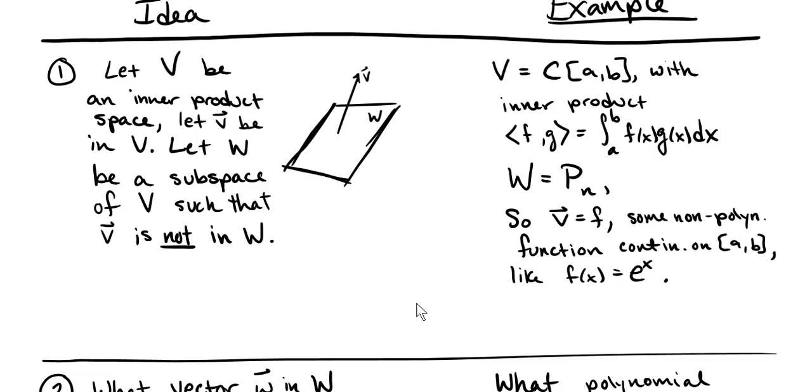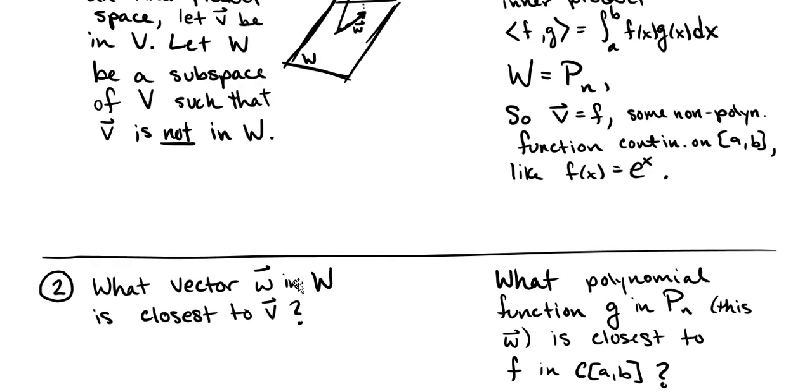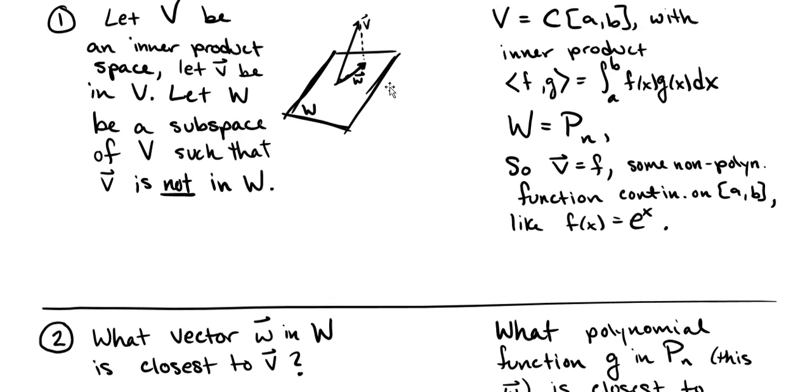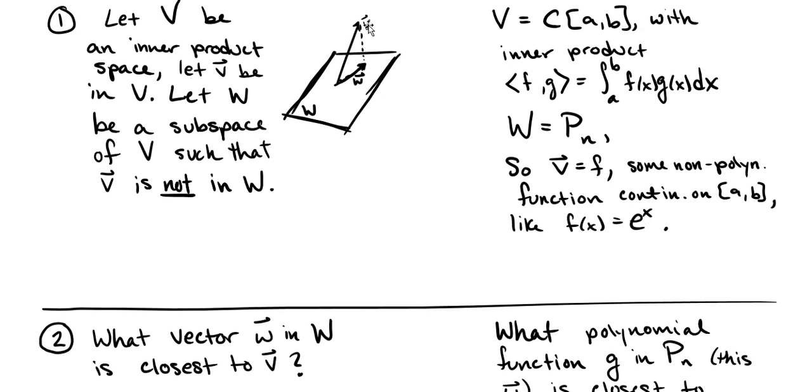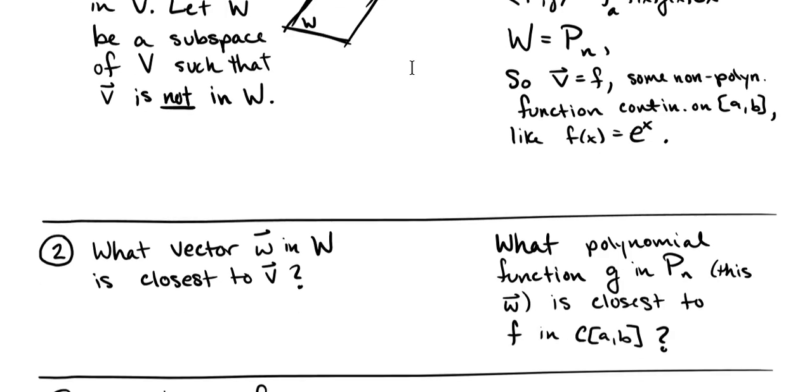It seems like it should be just the projection of that V vector into this subspace W, which we've seen how to do in specific cases, how to project a vector onto a subspace. So this vector that I've drawn would be this W vector that sits in the subspace and is closest to V. By closest, we mean the difference between the two is as small as possible.